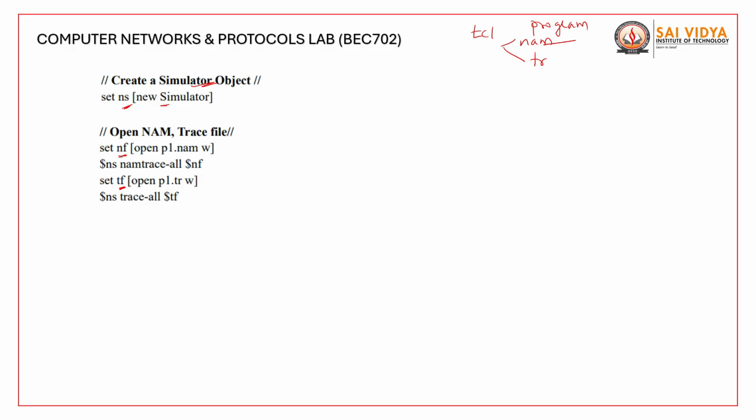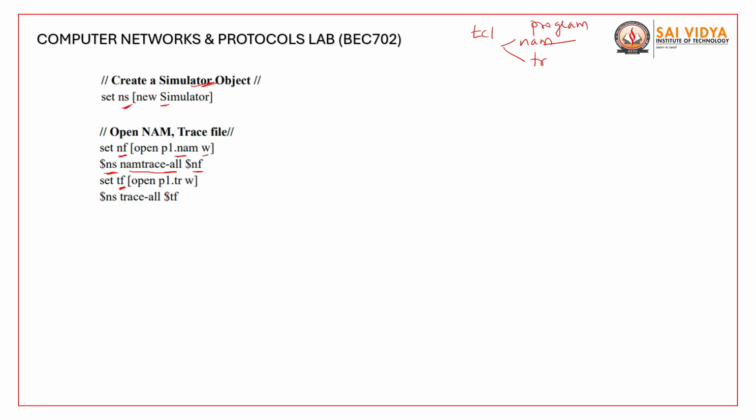Set nf. That is, nf is the object for the NAM file for writing, and whatever the events that are happening in the NAM file, that is the nf object, is linked to the main object that is defined for the simulator.